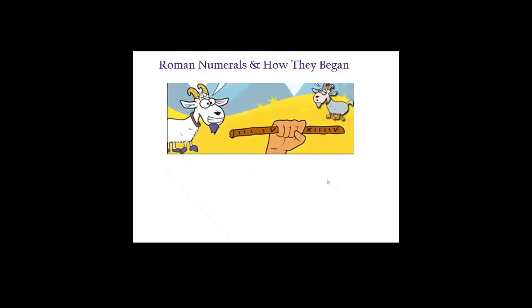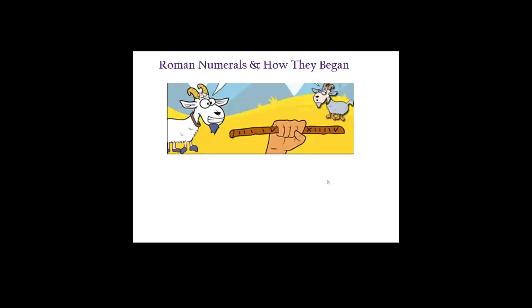Let's see the history of Roman numerals. Historians believe Roman numerals began as a tally system. Shepherds on the hills and in the fields around Rome would cut marks into sticks to keep track of how many sheep or goats were there in their care.